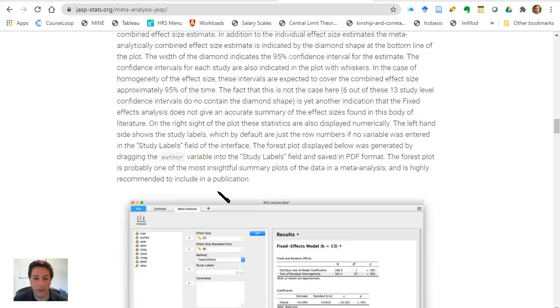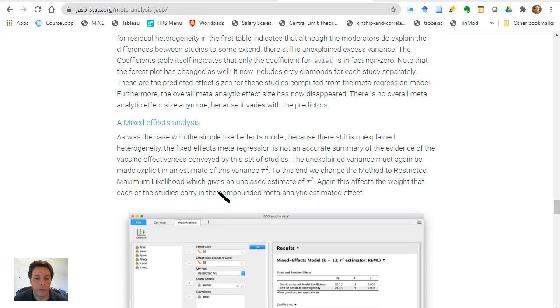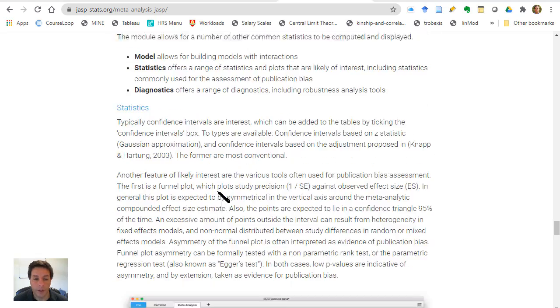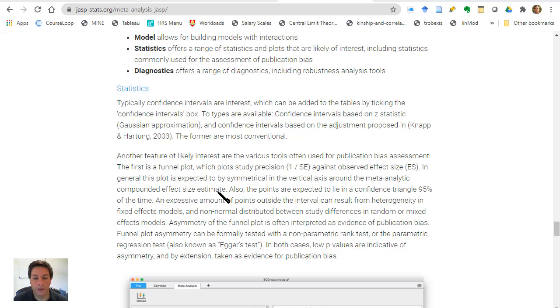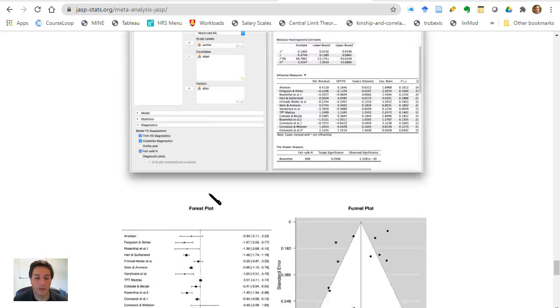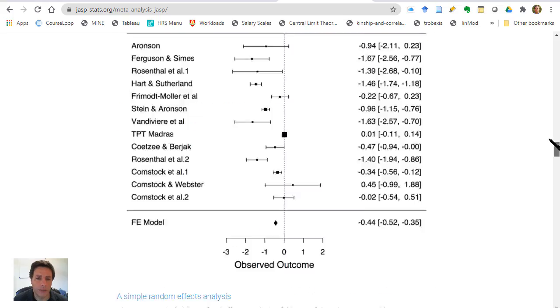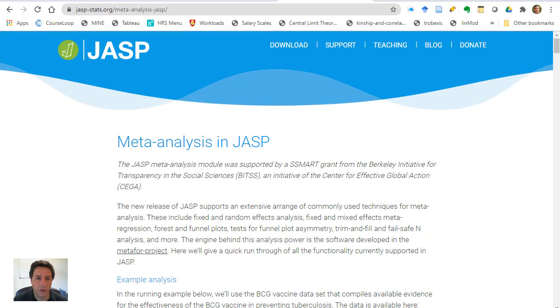It's a relatively short article and very extensive in explaining all the parts of meta-analysis that are important. But we are not going to go into the detail that this article goes into in this lecture.